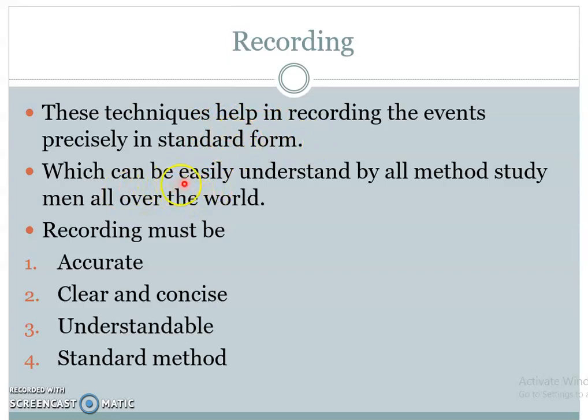So this can be used easily, and it can be understood by all people all over the world. Whenever we record any method, it must be accurate, clear and concise, understandable, and it should be the standard one. In the next lecture we will go one by one into all the recording techniques.